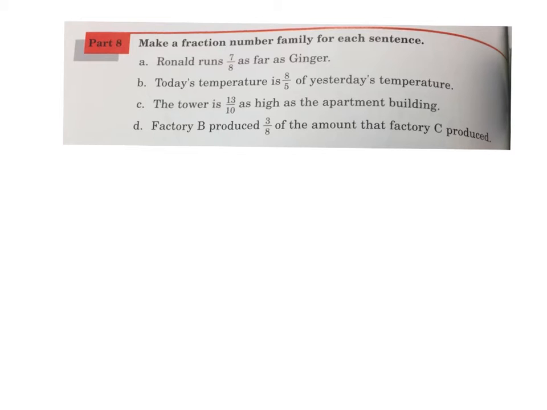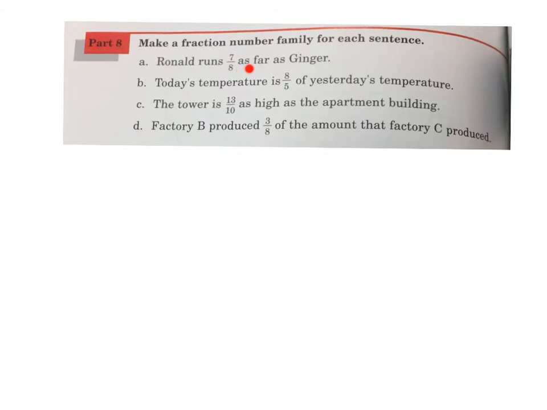Okay, so for part 8, what they're telling us to do is make a fraction number family, right? That's in the directions, because each of these sentences compares two things. So first we have to figure out which one is the big number and which one is the small number. If we're reading A, it says that Ronald runs 7/8 as far as Ginger.